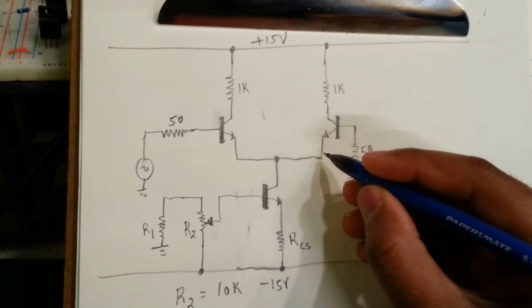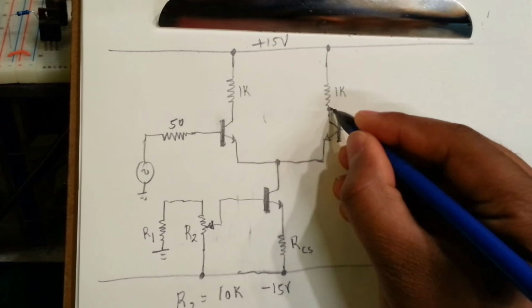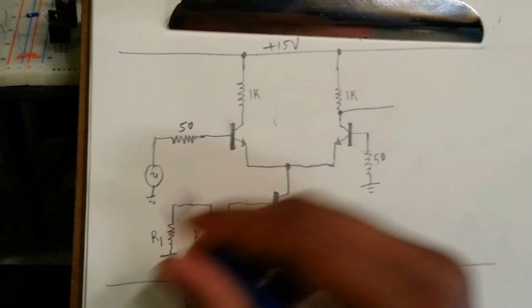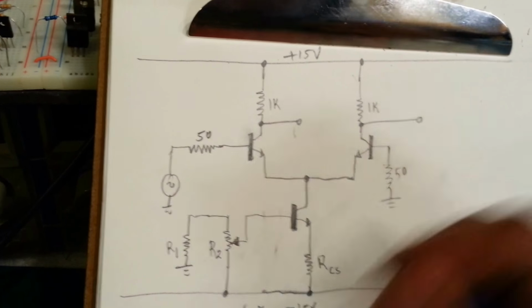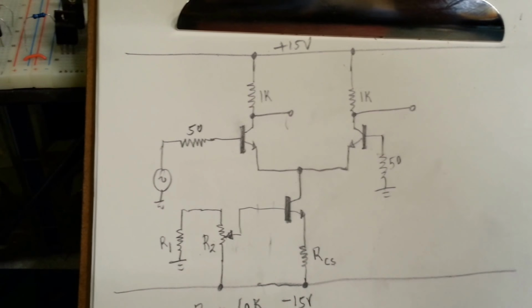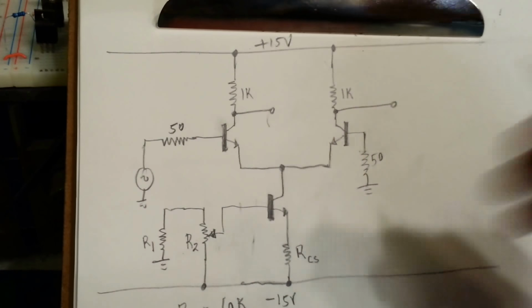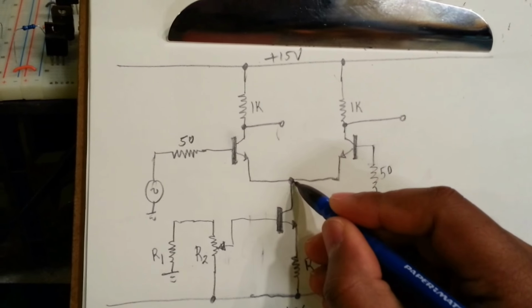So the first thing to do is, this is where we'll take our output, right? This is where our differential output is going to be, from here to here. That's our differential output. So what we have to do is consider this voltage.